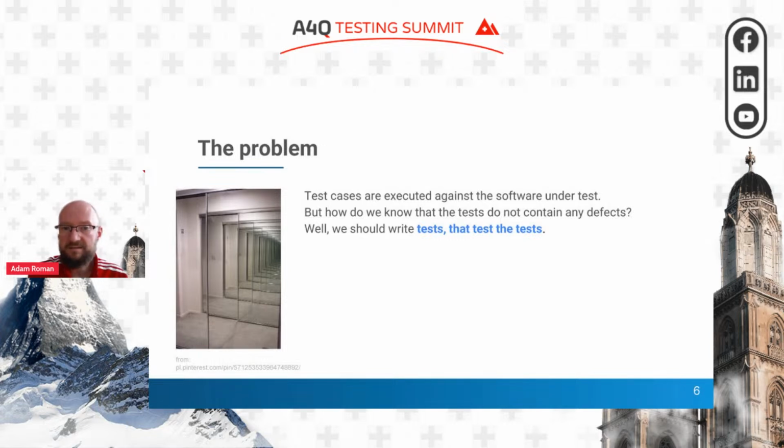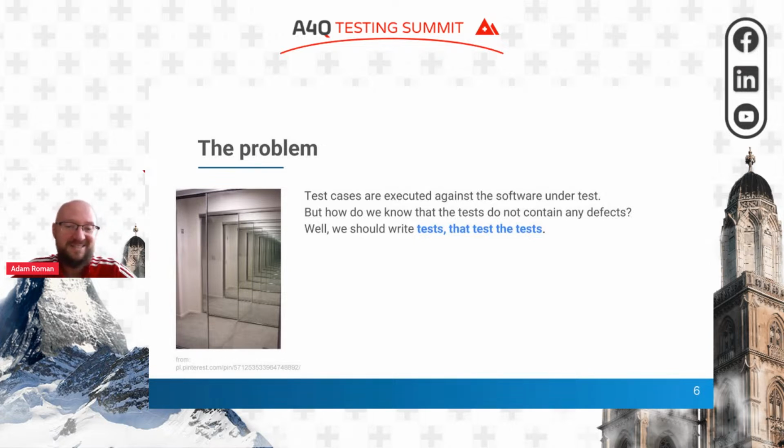Because we don't know if the tests contain any defects, we should write tests that test the tests, right? But now the problem occurs again, because when we write tests that test the tests, these tests can also contain defects. So we should test these tests too.